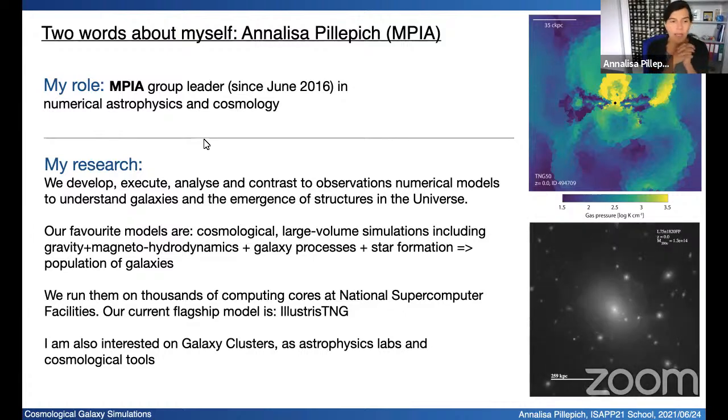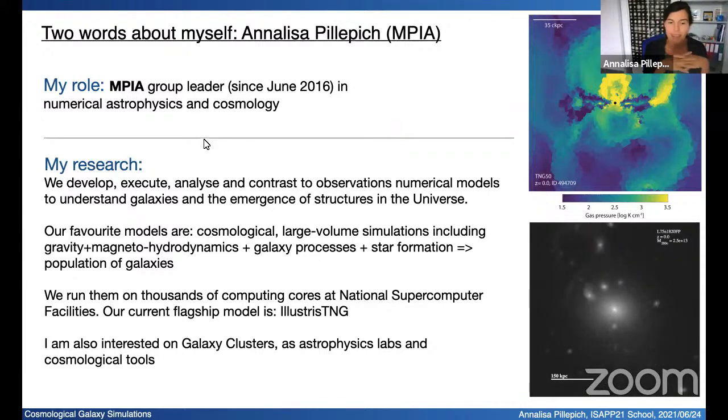So what is the research I'm thinking about with my team? We develop, execute, analyze, and compare to observations numerical models to understand galaxies and the mergers of structures in the universe. Our favorite models, the ones we are going to talk about today, are cosmological large volume simulations that include gravity, magnetohydrodynamics, and galaxy processes like star formation in order to model together populations of galaxies.